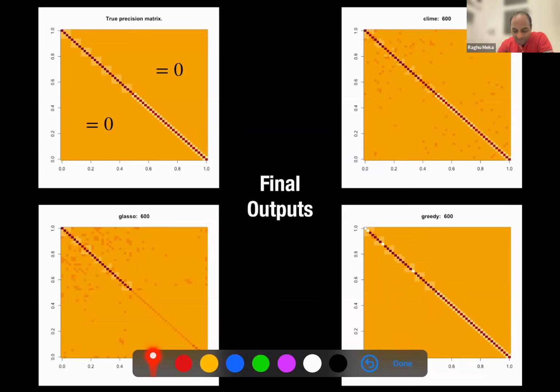It matches the true precision matrix almost exactly, whereas the other ones have a lot of spurious edges. Okay. It might not seem like the spurious edges are that frequent, but given that each vertex is supposed to be connected to three things, if you have six edges, it's not a very good estimate. Okay. Whereas the greedy thing really does well.